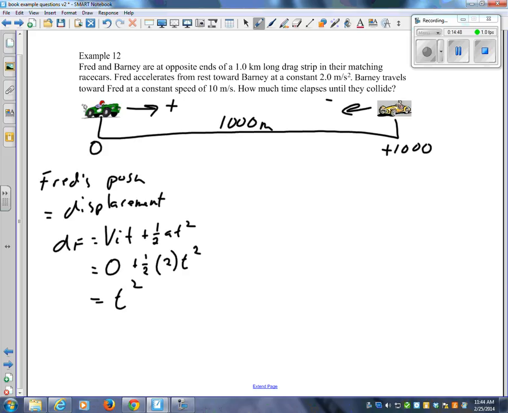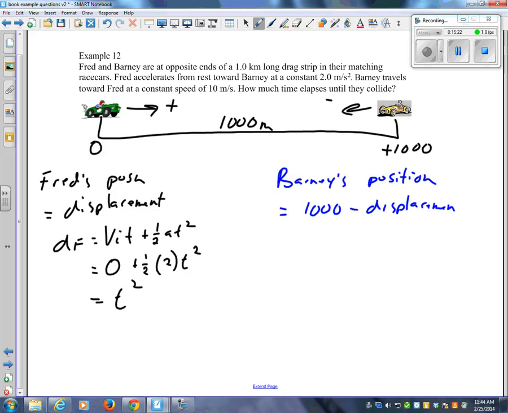Barney's position is a little more challenging. Because Barney starts at 1,000, his position is equal to 1,000 minus his displacement.